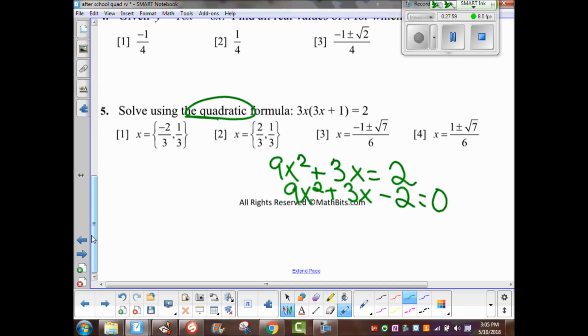Now they're forcing us to use the quadratic formula here. Chances are this probably could be factored. Okay, but they're forcing us, and that's what we're practicing right now, is quadratic formula. So I'd list A is 9, B is 3, C is negative 2.